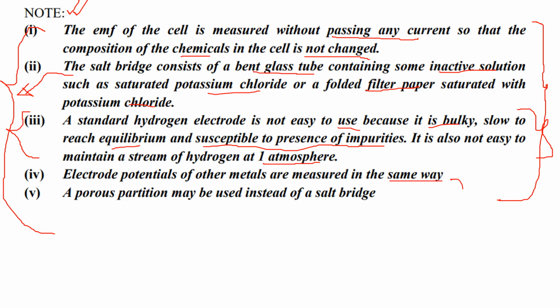So with this, I mean that if at all you are being asked to describe an experiment to determine the standard electrode potential of any other metal other than iron, for example, zinc, what is only going to change is that you're going to be dipping the zinc electrode in a solution containing molar concentration of zinc ions, such as zinc sulfate.